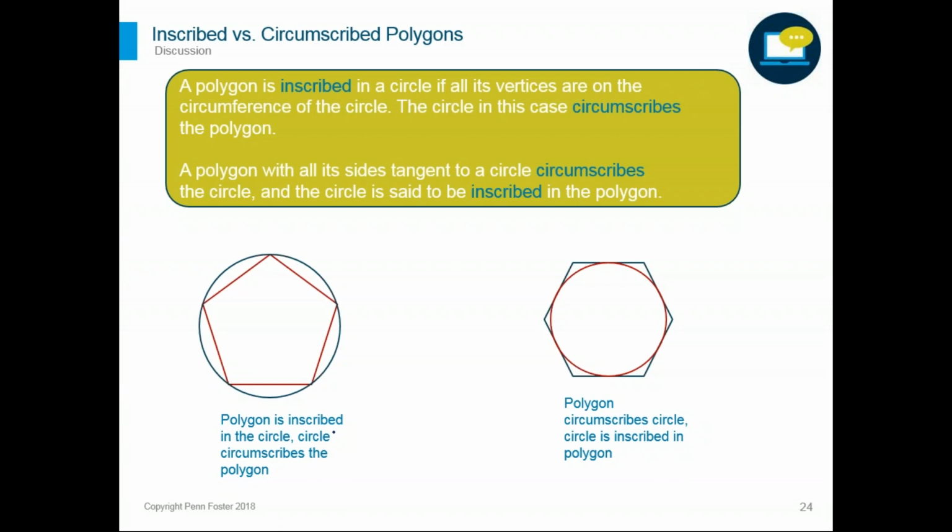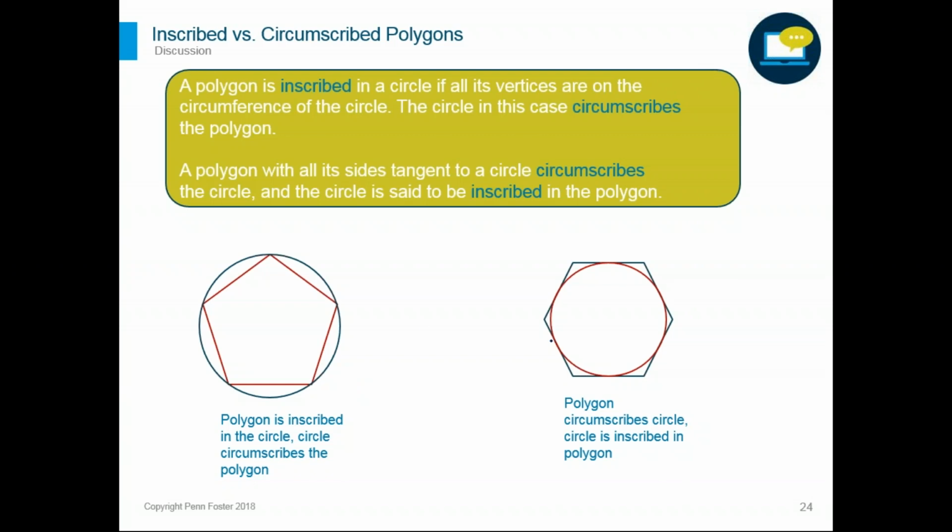So the polygon is inside. Remember that, inside, inscribed. Because the polygon is inside the circle, the vertices of the polygon are on the circumference of the circle. That makes the polygon inscribed in the circle. Or in the same figure, we can say that the circle surrounds or circumscribes the polygon.